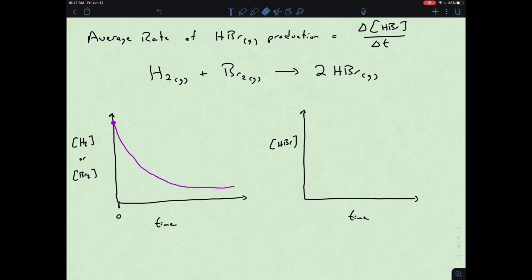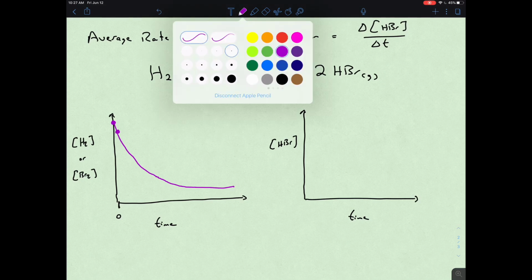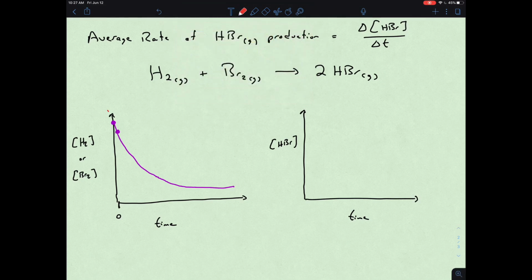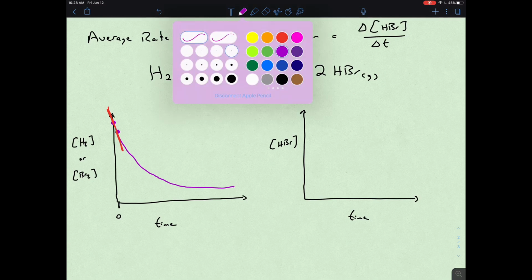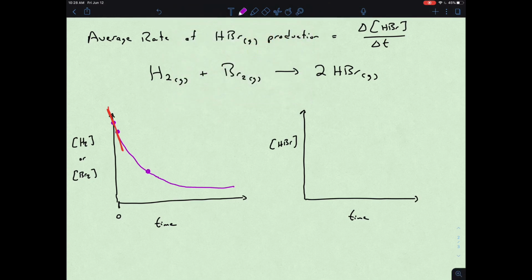And then if we were to coordinate some data points, we could actually look at the slope of our line. And what is the slope? Well, the slope is the rate.